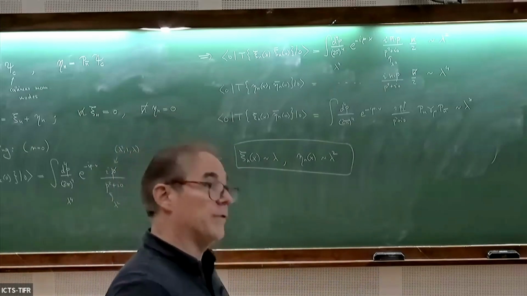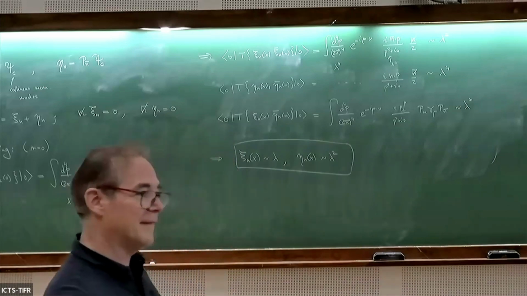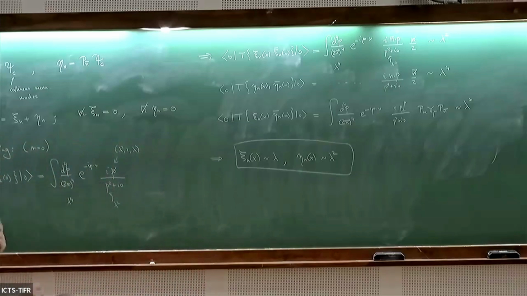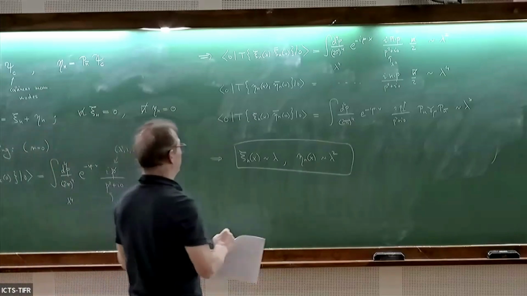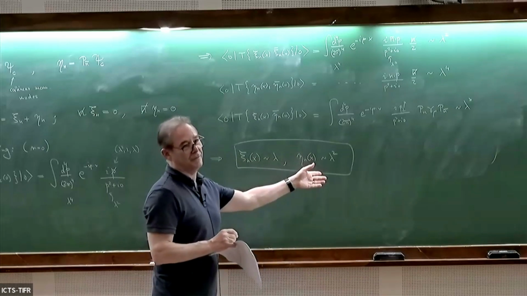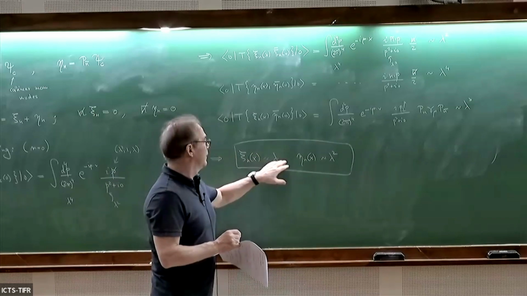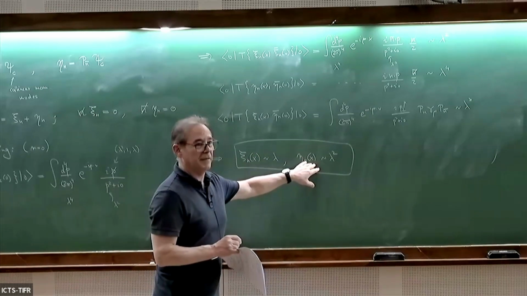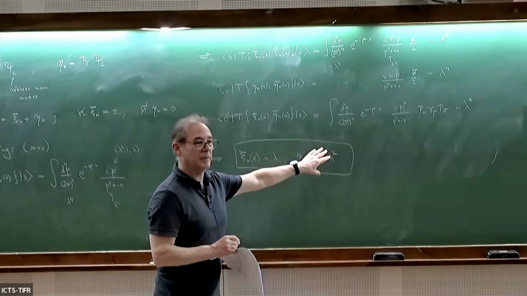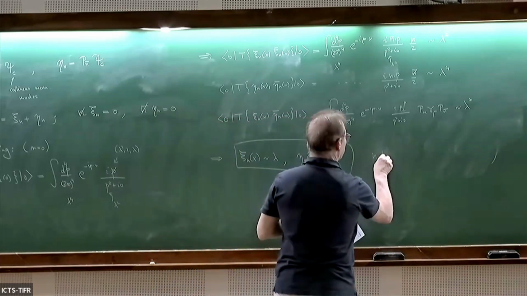And this is not the canonical dimension, okay? These are fermion fields. They have mass dimension 3/2. In HQET, the soft quark field was lambda to the 3/2. Here it's neither of the two. But in particular, the leading one is lambda. You'll see that this one is power suppressed. That's why we can integrate it out. It will be a power correction. The leading one is lambda. So this is not the naive scaling.